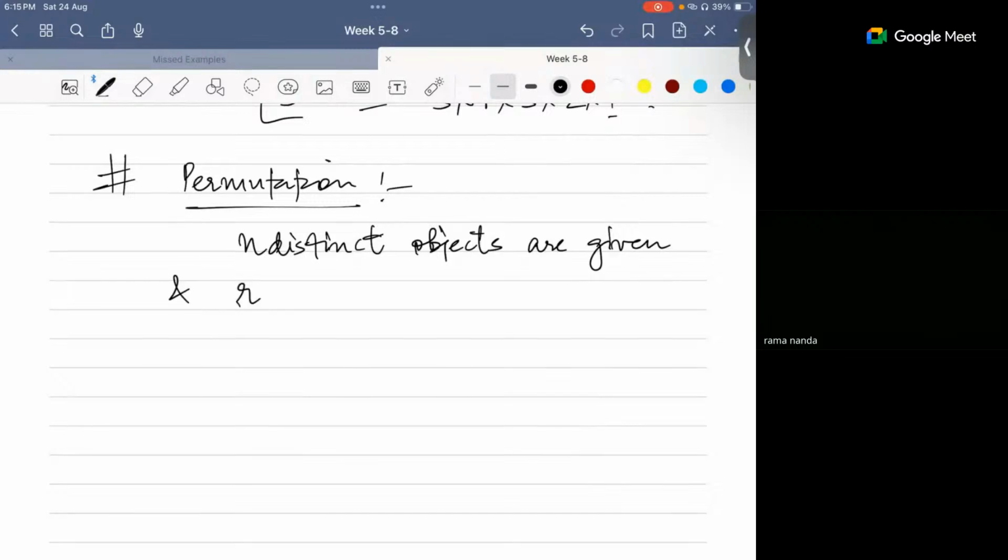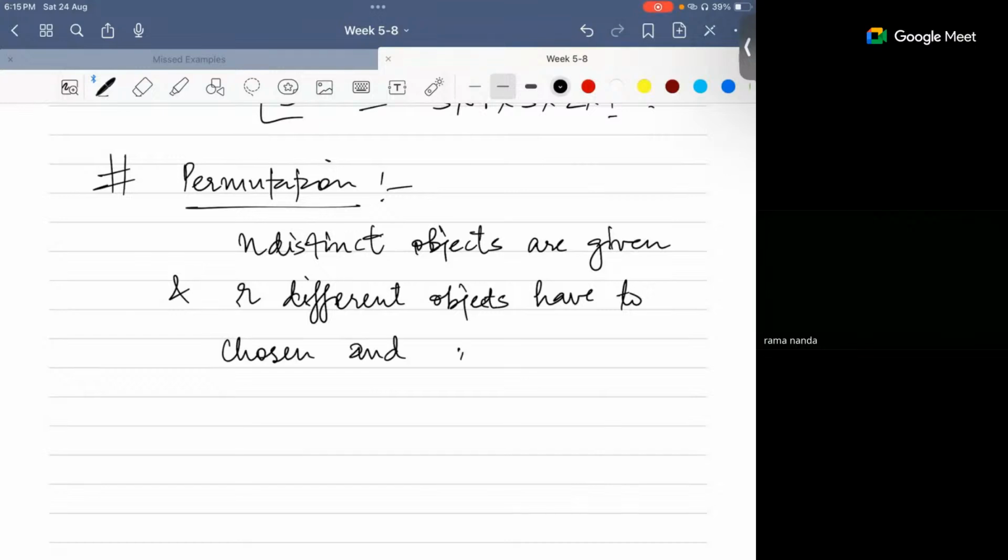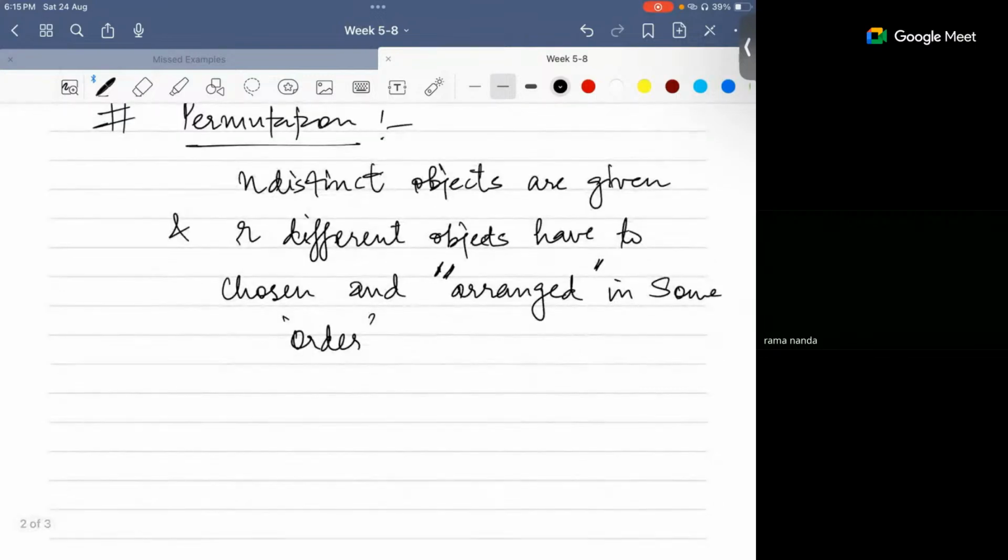And r. So this is important. There's only one difference between permutation and combination.